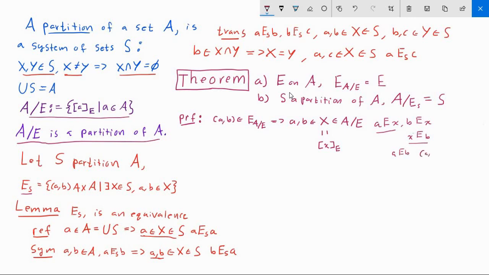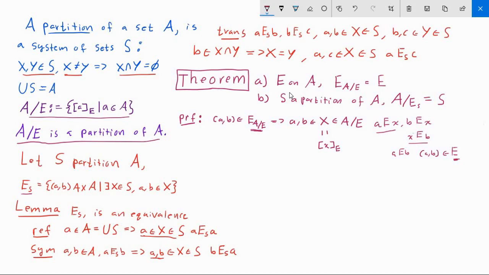Another way of saying this, of course, is that the ordered pair (a, b) belongs to E. So we've shown that E sub A mod E is a subset of E.